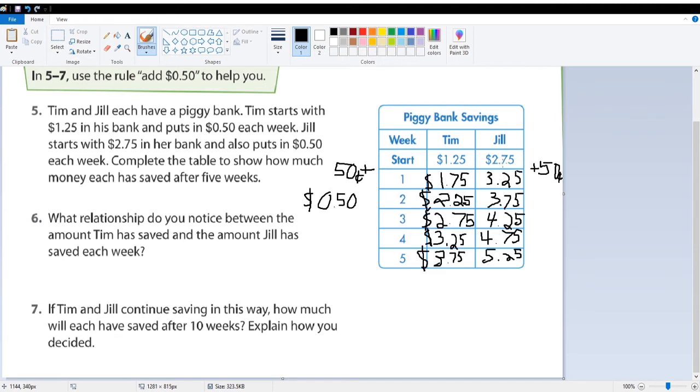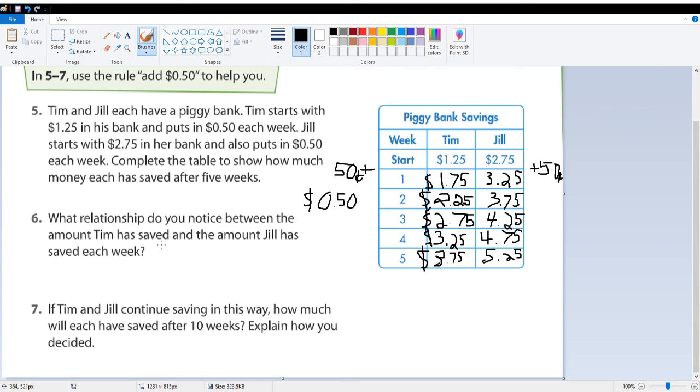So if they're both adding the same amount each week, but Jill started with $1.50 more, every single week Jill's going to have $1.50 more.